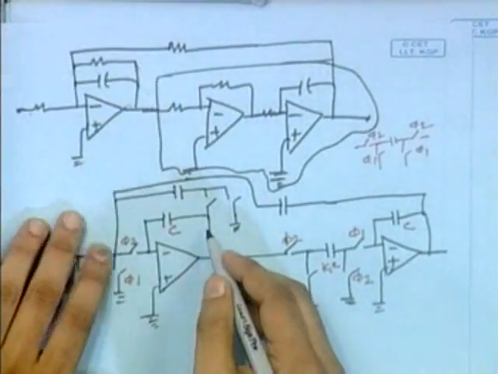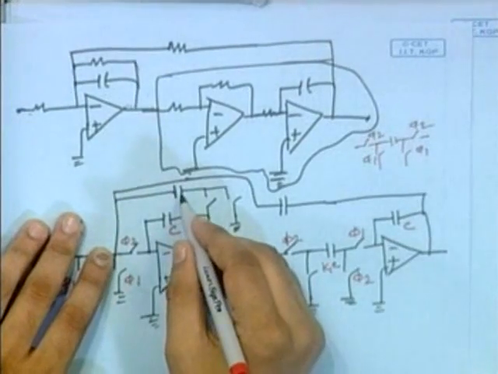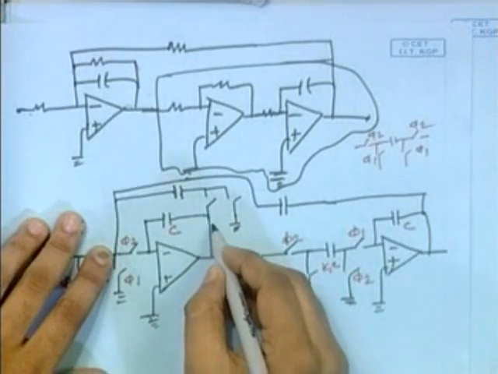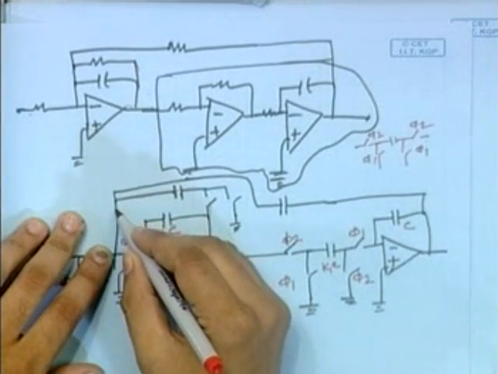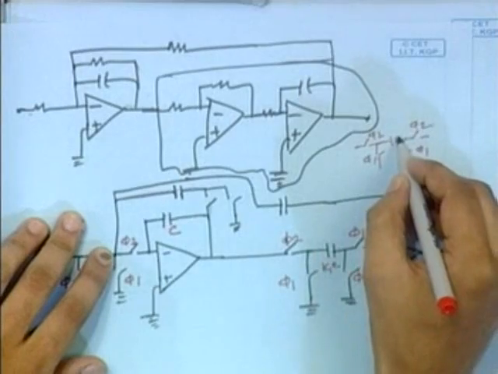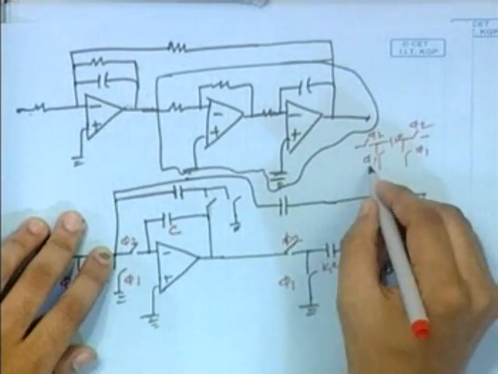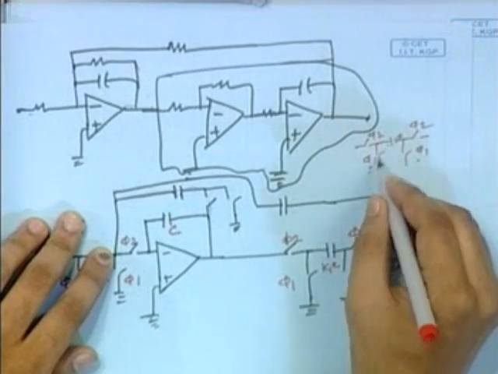Now we are connecting one capacitor here, and we are making like this way, that this capacitor, see this one, now we are connecting this phi 1, I mean these two switches will be parallel, these two switches.